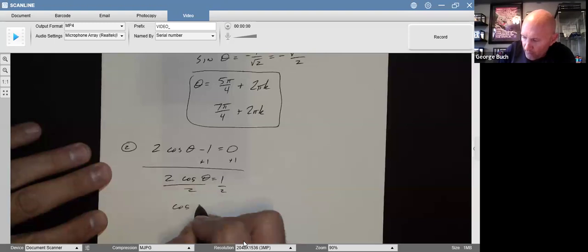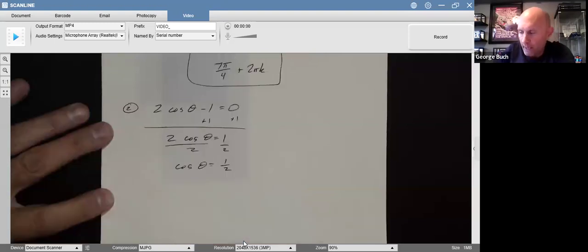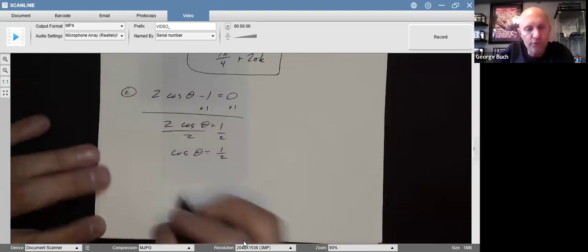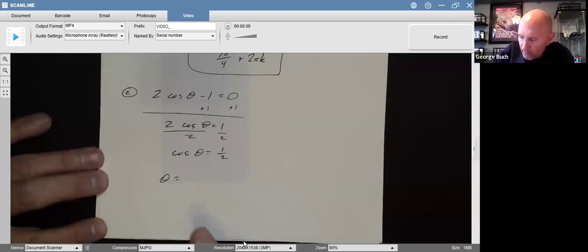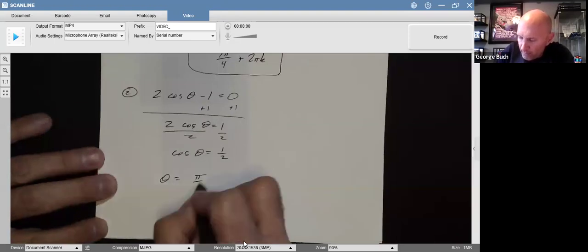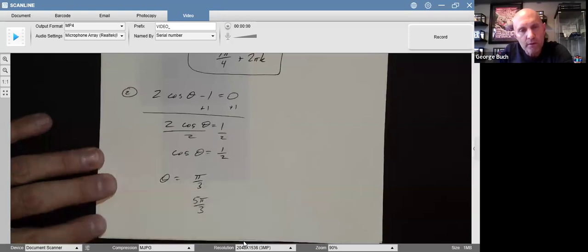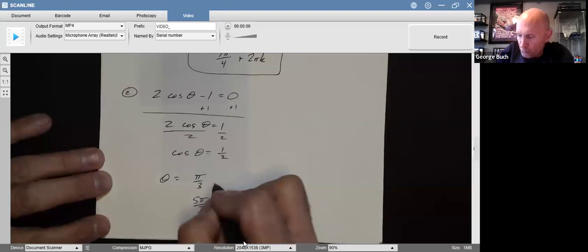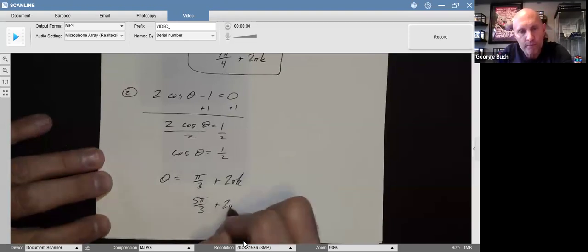So cosine of theta is positive half. So again, where on the entire unit circle is cosine positive half? That's pi over 3 and 5 pi over 3. But because I want all the solutions, I have to add 2 pi k to both.